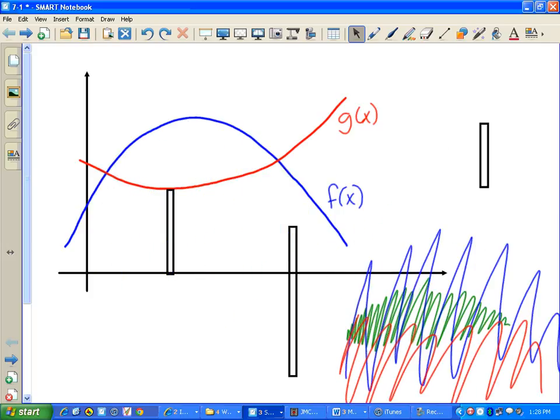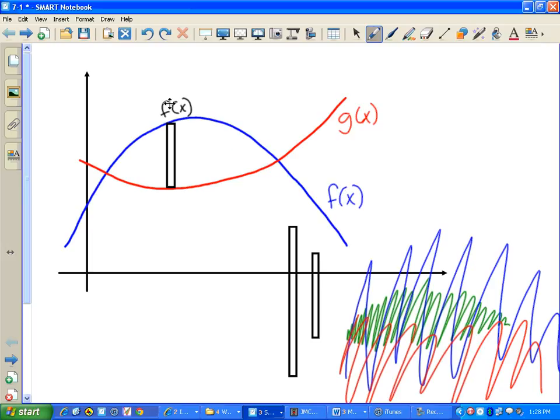So really I want to use this rectangle. So let's look at what this rectangle would be. Well, the top of the rectangle, that's the value of the top function. That's the function f. This is f of x. The bottom value is g of x.